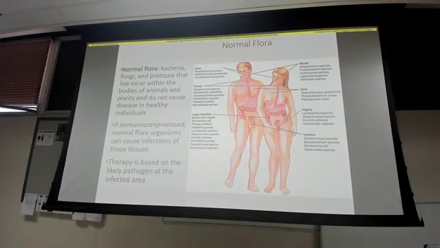This is not to say that these bugs in these areas can't translocate and go somewhere else, because they can. And depending on what type of injury patients have, you can have bugs in places where they were not supposed to be. But typically, this is telling you, hey, my strep is here, my staph is here, where are these bugs typically located?